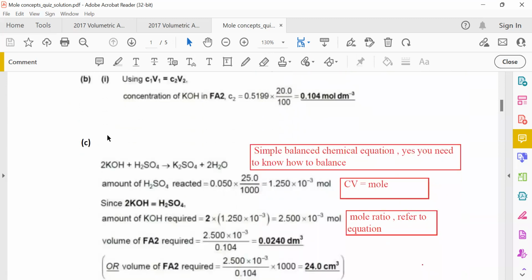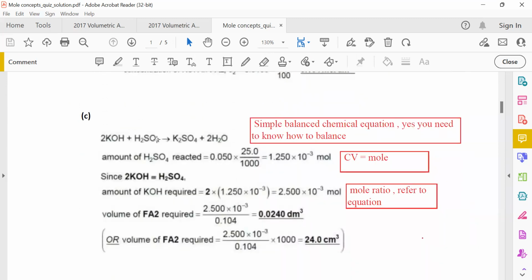If you look at C, again, some students will ask whether this equation is important. I would say yes. Balancing this equation is the basic. As you know, acids and bases always give you salt and water. And of course, to balance this equation, you need to know how to balance the chemical formulas internally correctly first.